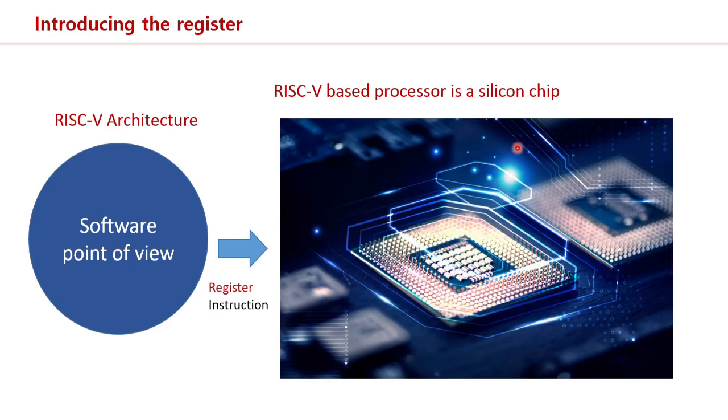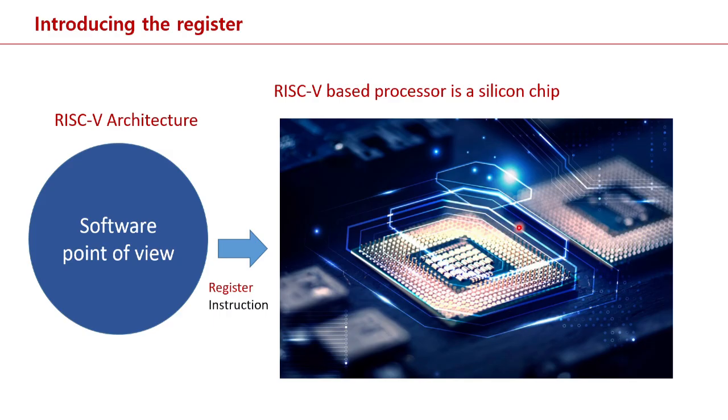In order to configure these silicon chips from the software perspective, we need an interface. That interface is called the architecture. The architecture is the interface between hardware and software.